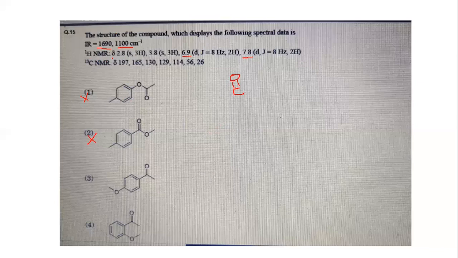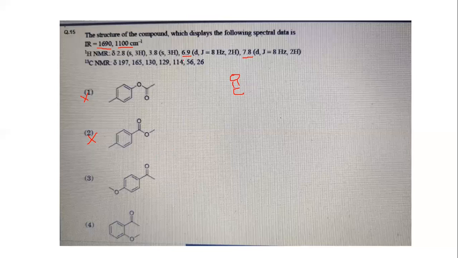And from the proton NMR, we have a peak at delta 2.8, which integrates for 3 hydrogens, and a peak at 3.8, which integrates for 3 hydrogens. Structure 3 has an OMe, which will appear at 3.8, and structure 4 also has an OMe peak, which will appear at 3.8.